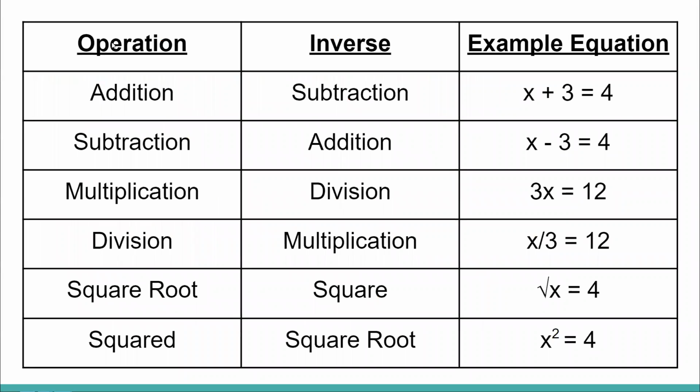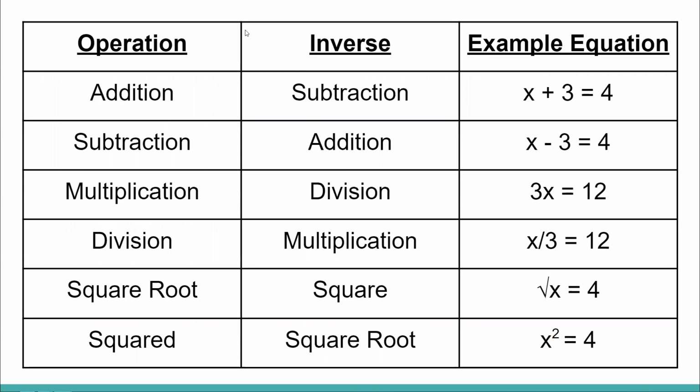So this is what I mean by the operation and the inverse. This is what I mean by do the opposite. So inverse means opposite. The opposite of addition, or the inverse of addition, is subtraction. And this would be an example equation. I see that there's addition there. To undo this, or use the inverse, I'm going to subtract it.